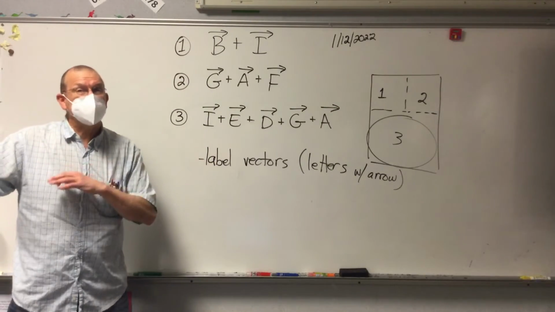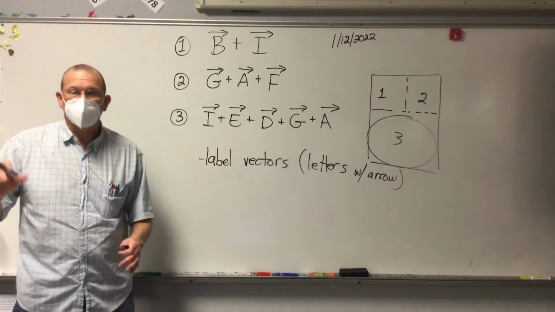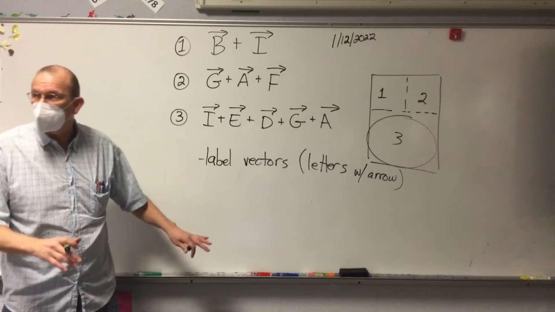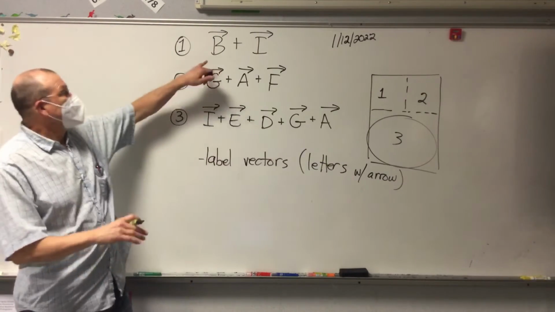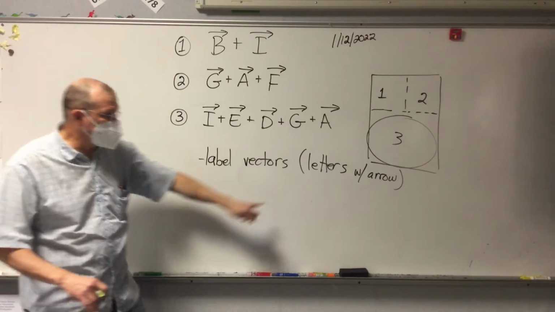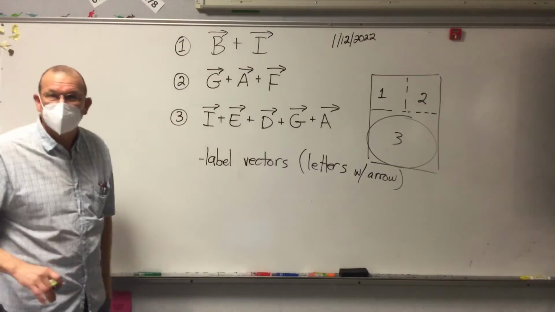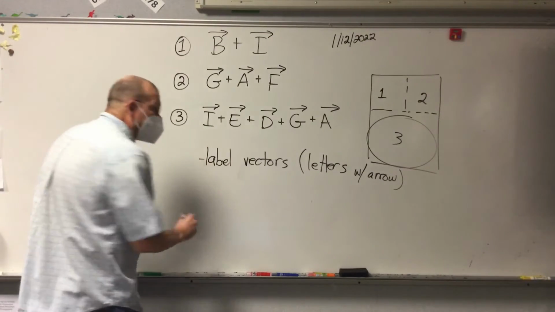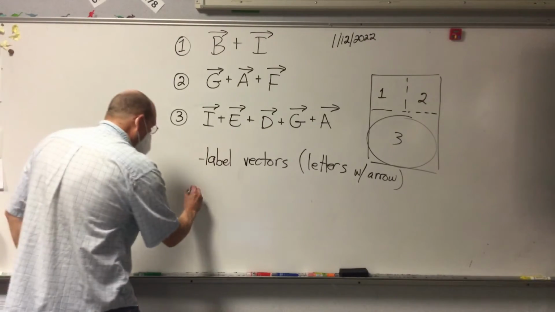You don't have to give me the numbers, like how long it's supposed to be and what angle, because that's in your master list. But in your picture, I want to see B, where you drew B. And I do want the arrow indicator over the top of it. And that includes your resultant.